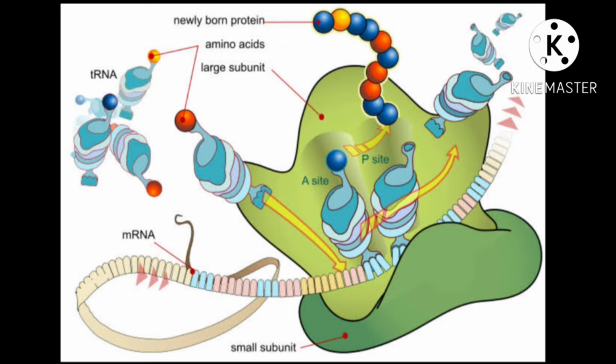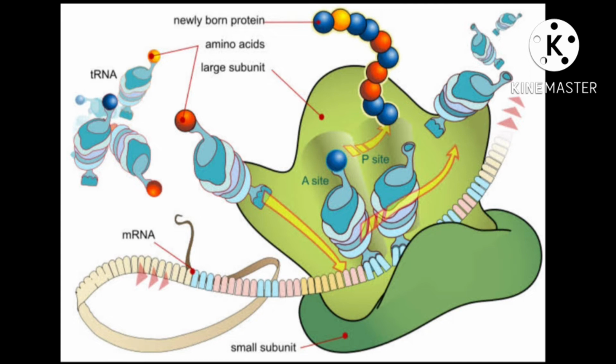When we extract the animal tissue or the fluid and centrifuge it, the RNAs of different molecular weight are going to settle at different positions.